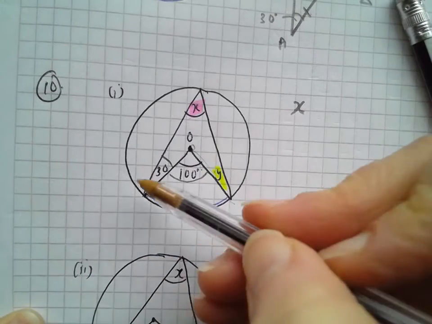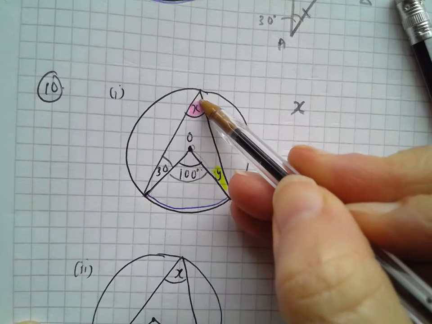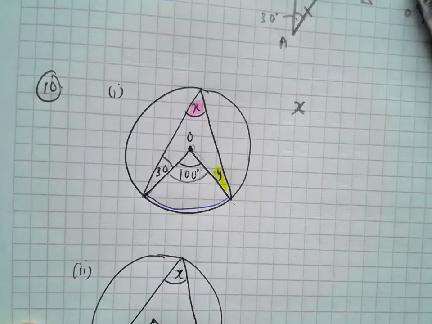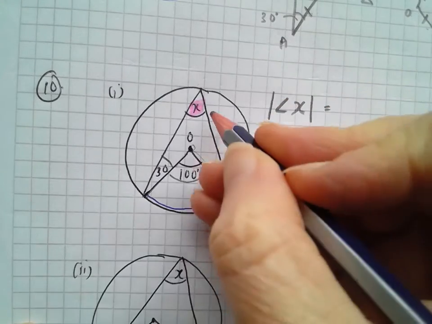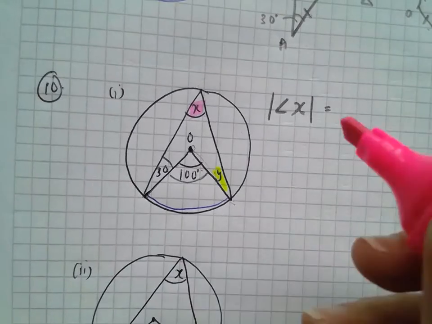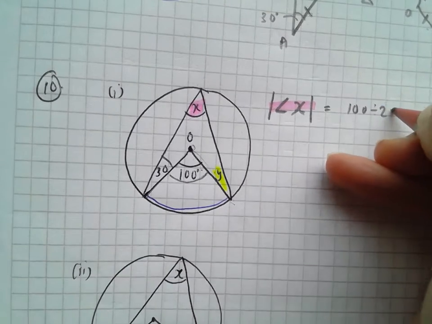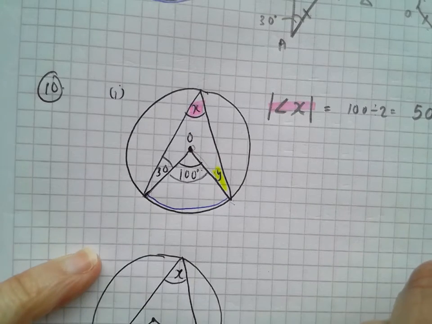And this angle is also on the arc, but this one's at the centre and this one's at the edge. So we know this angle here is twice this angle here. So the measure of angle x, the pink angle, is going to be 100 divided by 2, which is 50 degrees. So angle x is 50 degrees.